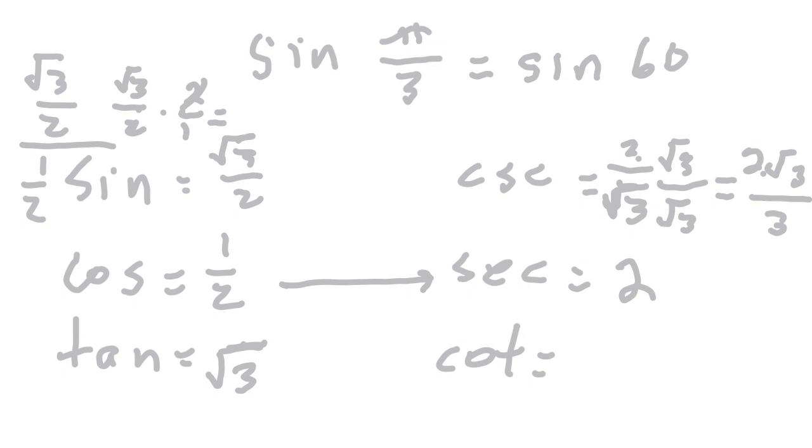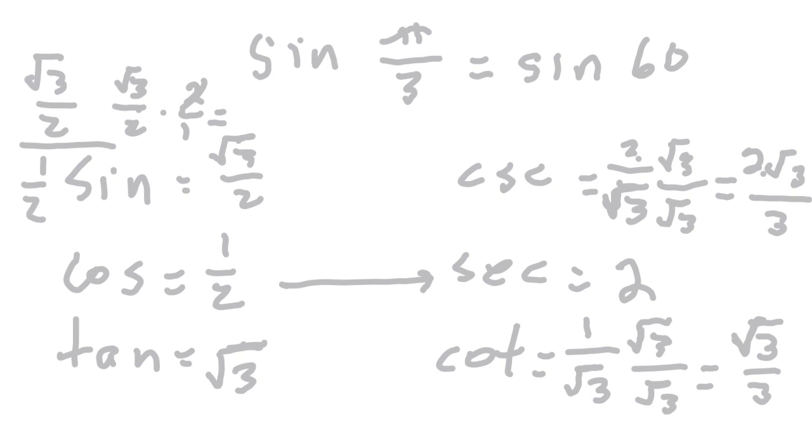They are reciprocals as well. So this is 1 over the square root of 3. And of course, we can't leave it as 1 over square root of 3. We got to rationalize. So we multiply by the square root of 3 over the square root of 3. So it's going to be square root of 3 over 3.